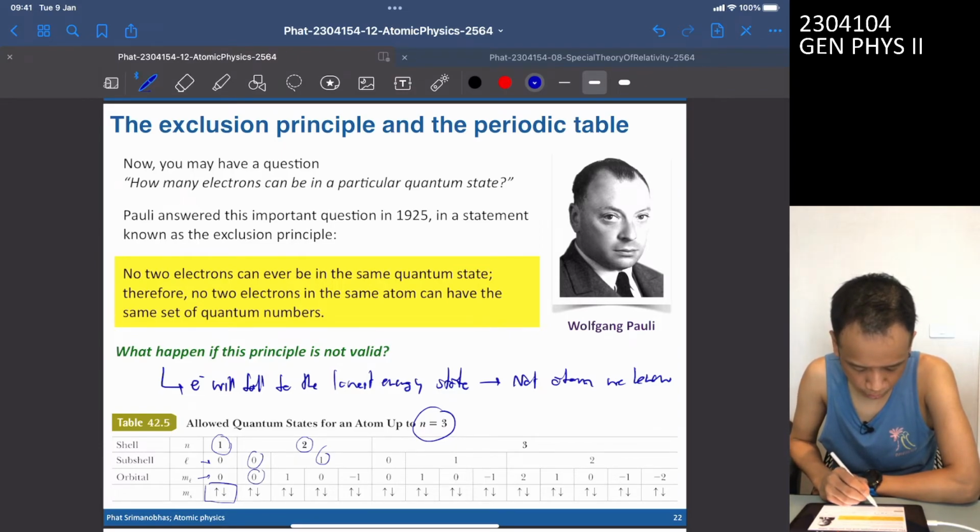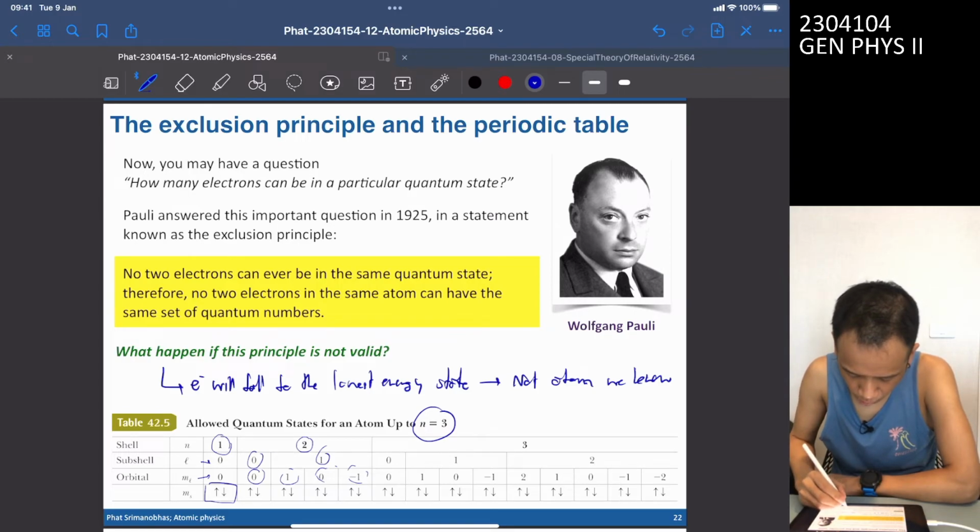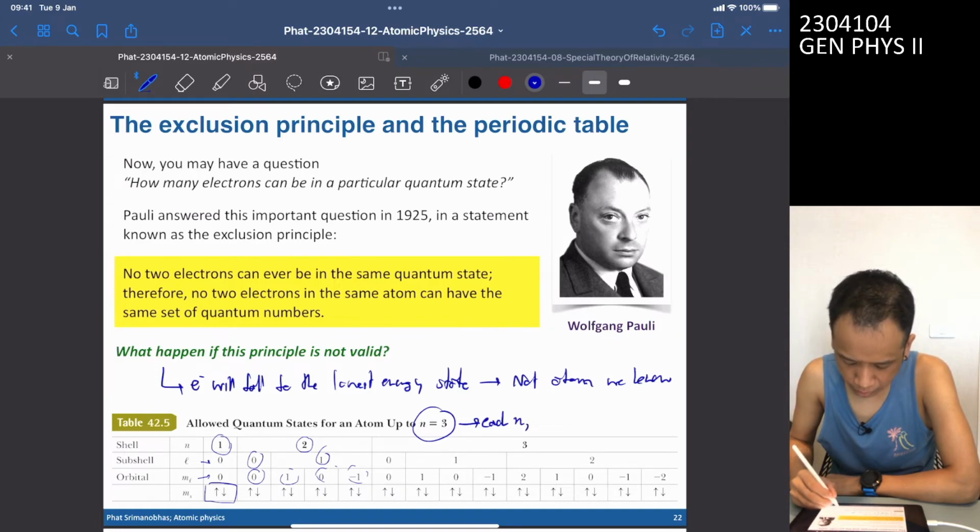For l equal to 1, the orbital m_l can be 1, 0, and minus 1. And each one can have the two possible states of the electron. So for each shell, each n, the number of allowed electron states is 2n squared.